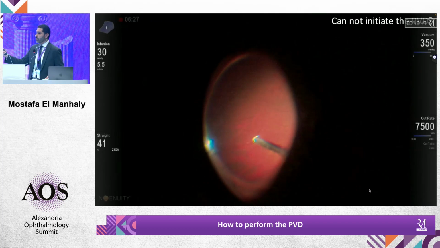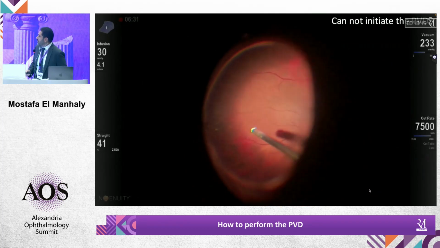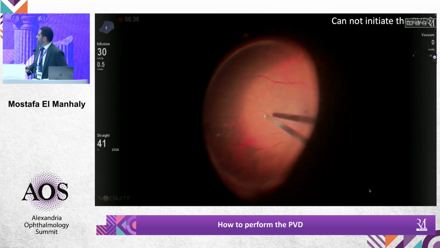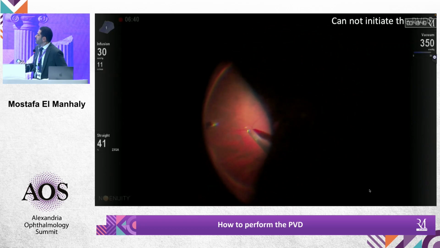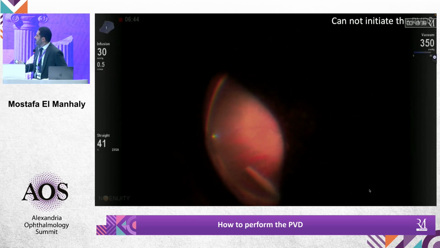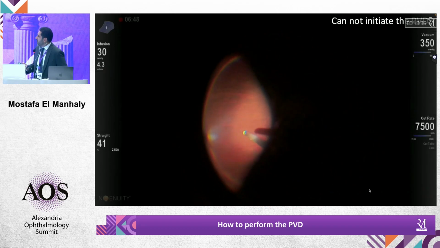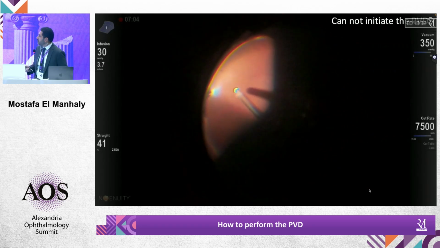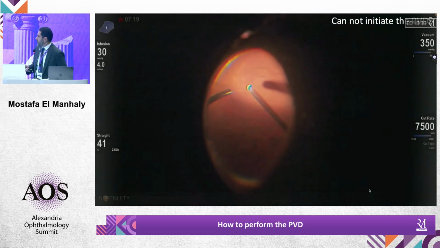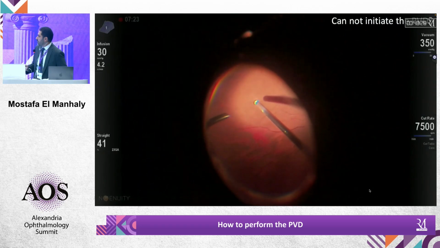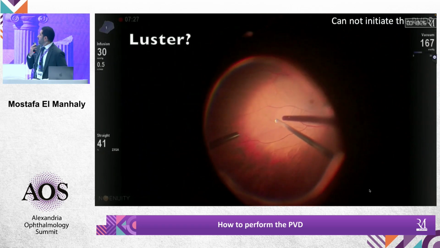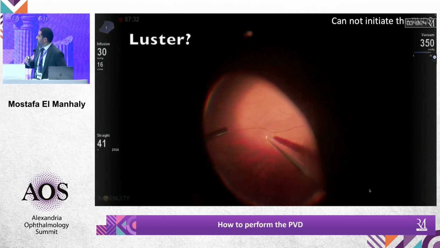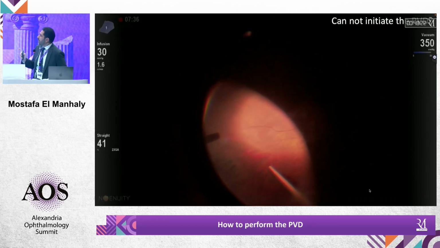Dr. Hassan, with adding the triamcinolone, is it just to highlight where the PVD is, or will it change the texture of the vitreous itself? No, it will reveal that the posterior hyaloid is there, and I start to manage by other techniques, maybe by the probe, also by vacuum, but I may use some scraping instruments.